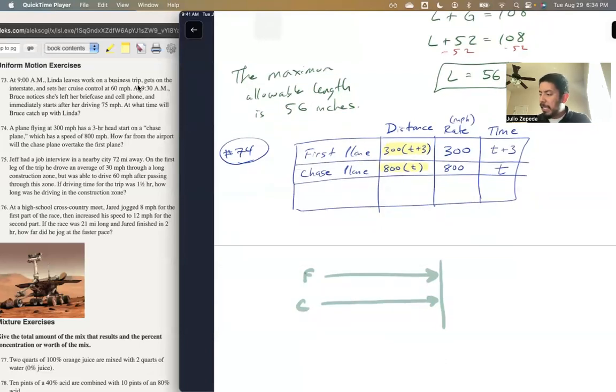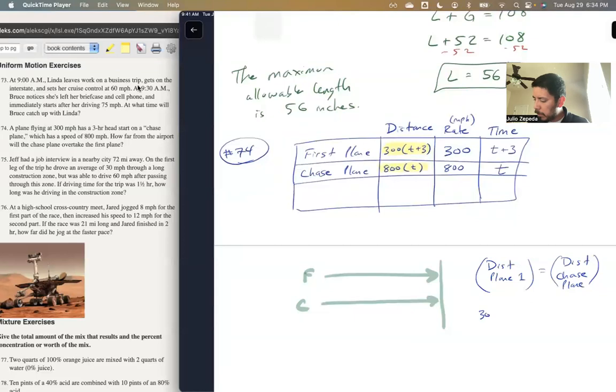Their distances traveled will be equal. So we can set the distance plane 1 has traveled equal to the distance the chase plane has traveled. This equation here, the distance that plane 1 traveled, should be equal to the distance that the chase plane has traveled at the moment that it's being overtaken.